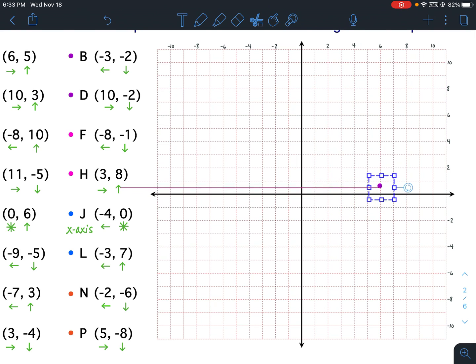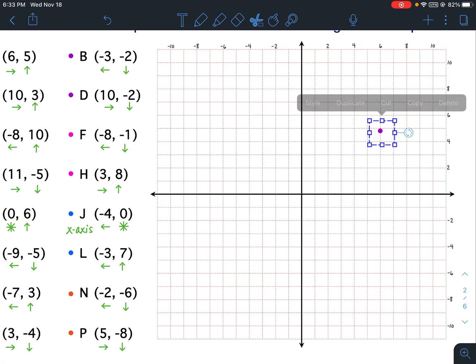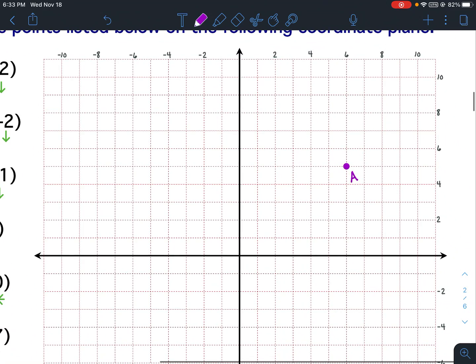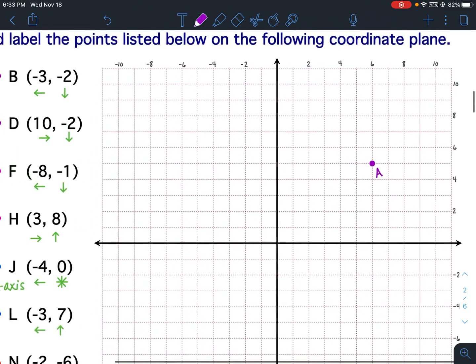And then I go up 1, 2, 3, 4, 5. So I go over 6 and up 5. I'm going to label that A. Notice I put the point right at the intersection of the two lines for over 6 and up 5.